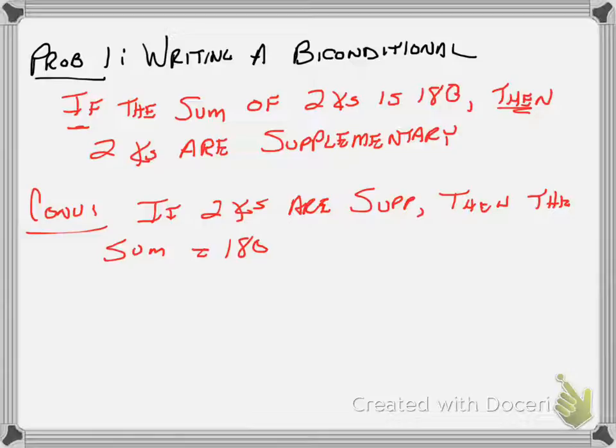So what we're going to go ahead and do is write this as a biconditional. So my biconditional is going to be the sum of two angles, and it really doesn't matter how you put it, but I always like to start with the first one.